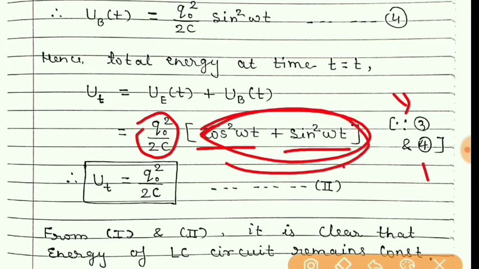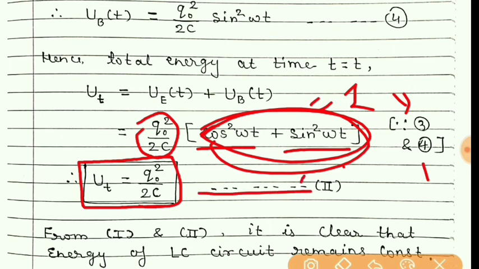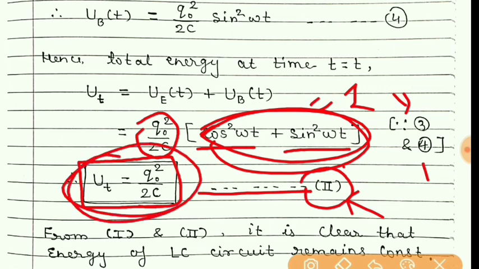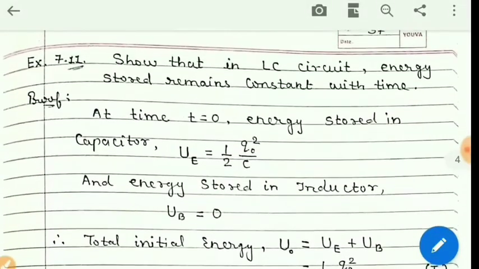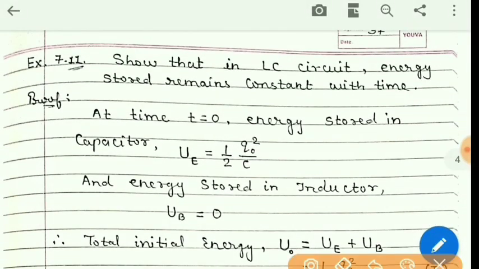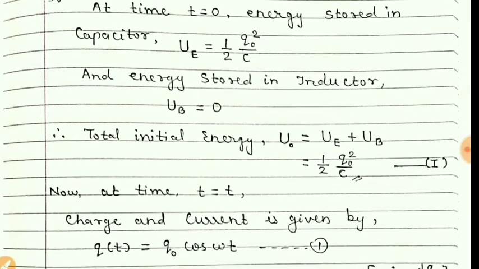So you can see q naught square upon 2C is taken out from both the equation number 3 and 4, and inside the bracket is cos square omega t plus sin square omega t, that is equal to 1. So this is now equal to 1, and so finally we can say that the energy at time t is q naught square upon 2C. I have given this equation number 5, but this equation is same as the equation at time t equal to 0, that is this.